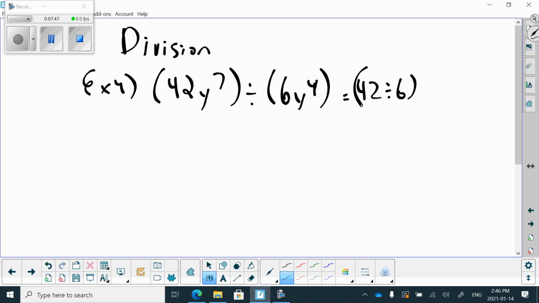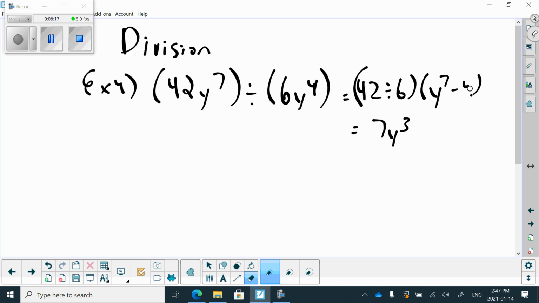And what do we do with our exponents when we divide again? Subtract. So what do I write here? Y, 7 minus 4, which would give us 7y to the 3rd. Oops, that 4 is way too big.